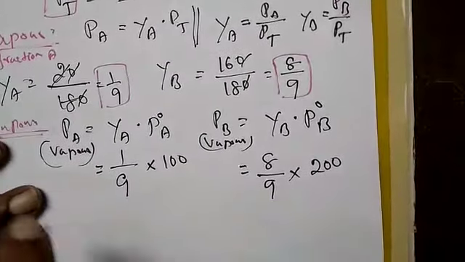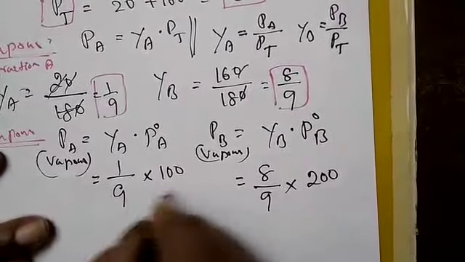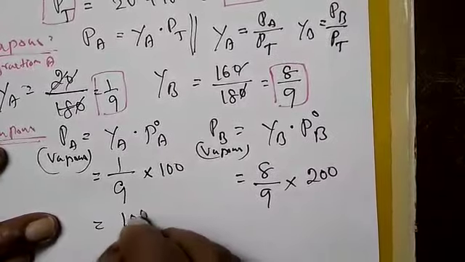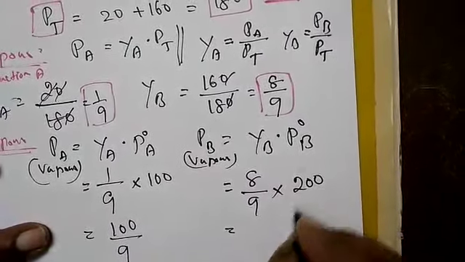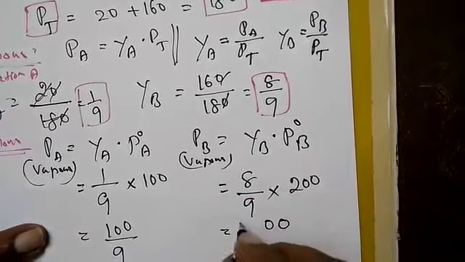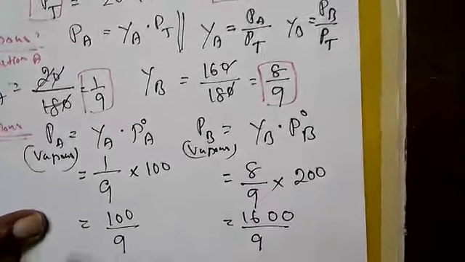Now on cancelling, this is 1 by 9, so on simplification 100 by 9. And here we get 16 by 9 after multiplication.